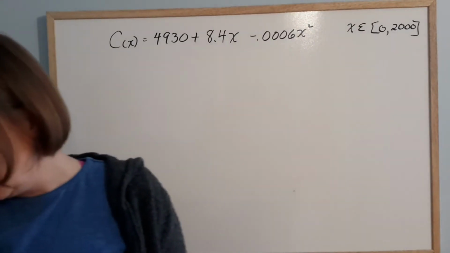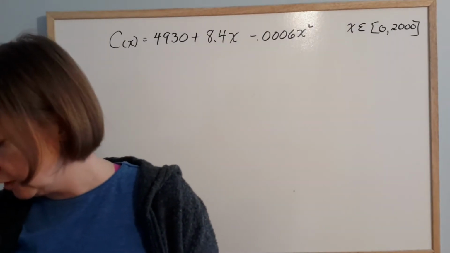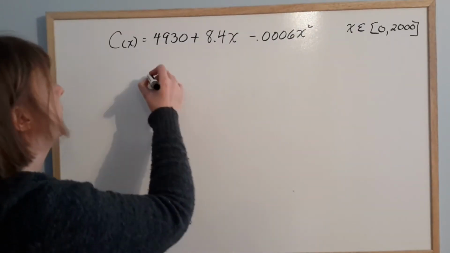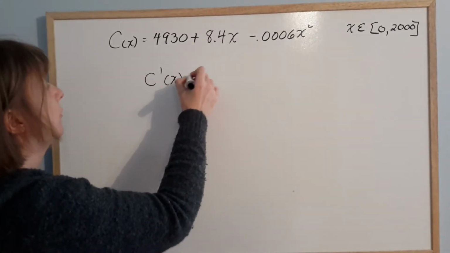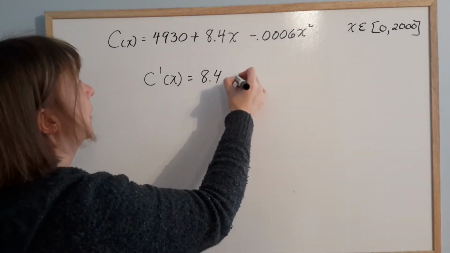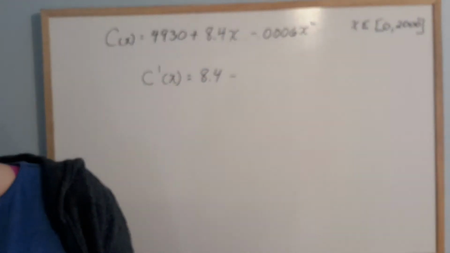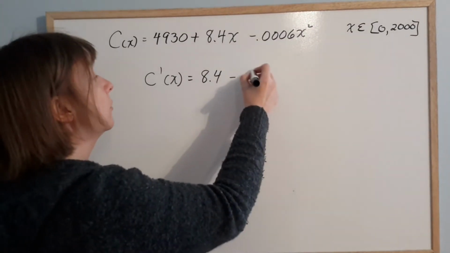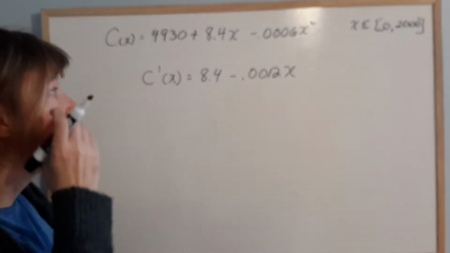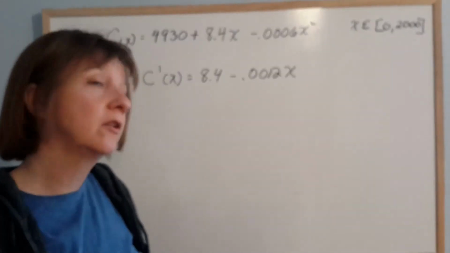So the question that they ask in part A is find the marginal cost at a production level of 500 tires. Because they use the word marginal, that means I'm going to do the derivative. So to do the derivative, that is 0. This is 8.4 minus, I'm going to bring the 2 down, multiply it by 0.0006, and that's going to give me 0.0012x. Decrease your exponent by 1. Now, they said find the marginal cost for 500 tires.